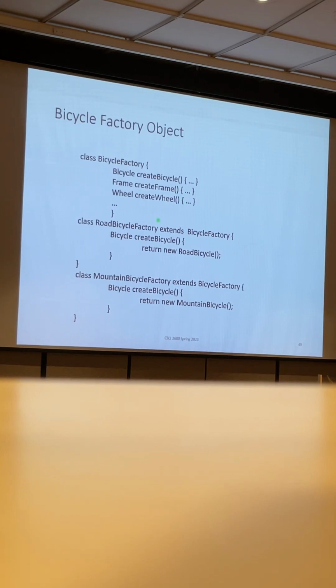And then, of course, we want to have the ability to use those factory methods. That's why we have to override them. No matter how you slice it, if create bicycle is a factory method, it has to be overridden. But now you see that it's overridden not as part of the bicycle hierarchy, but as part of the bicycle factory hierarchy.